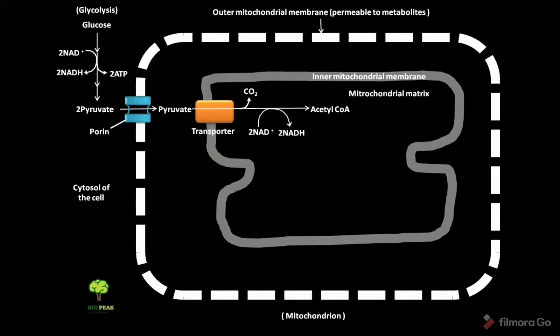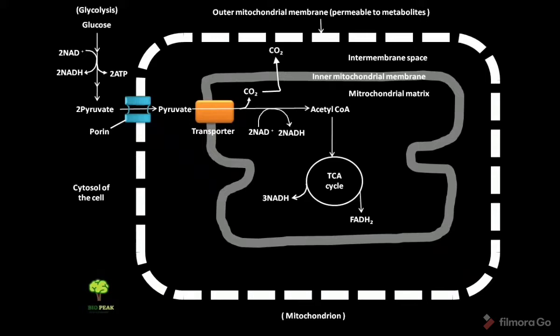The CO2 diffuses out from the matrix and reaches the intermembrane space. Now the acetyl coenzyme A undergoes oxidation in the TCA cycle and generates 3 NADH, 1 FADH2, 1 GTP and 2 CO2 molecules.